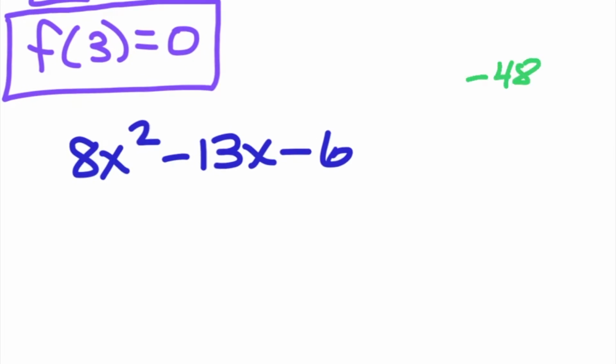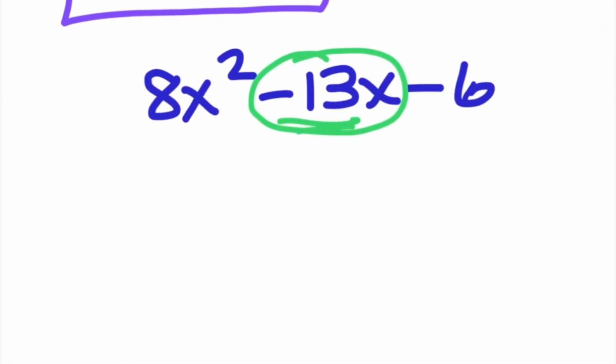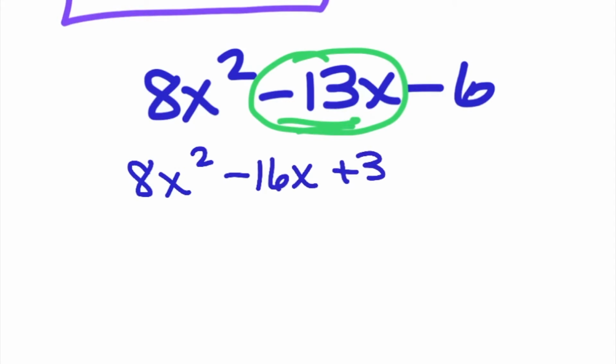And I need two numbers that multiply to negative 48 and add up to negative 13, and that's going to be negative 16 and positive 3. And I'm going to put x's with both of those, and I'm going to replace this term with the negative 16x and the 3x. So 8x squared minus 16x plus 3x minus 6.